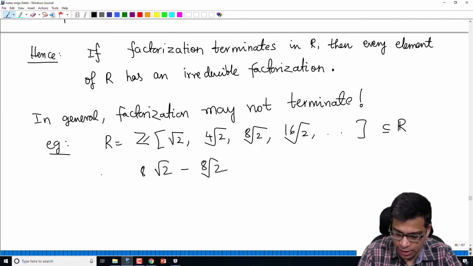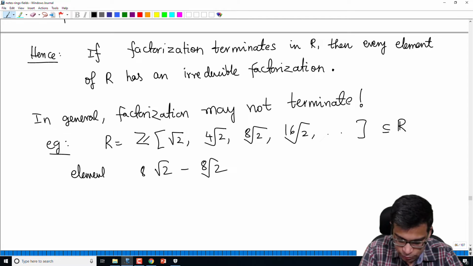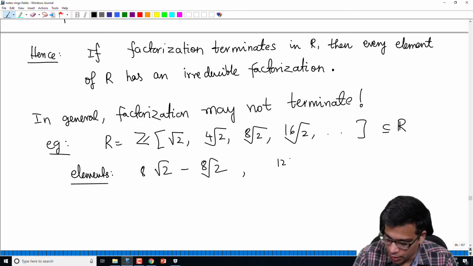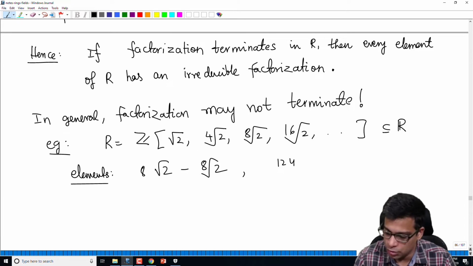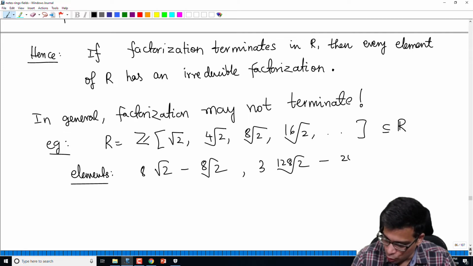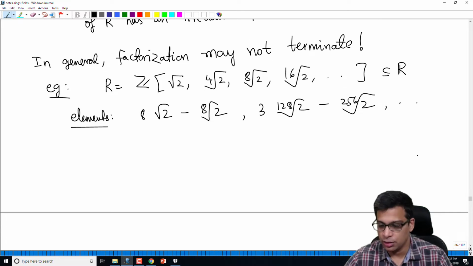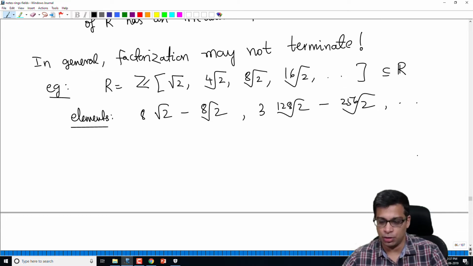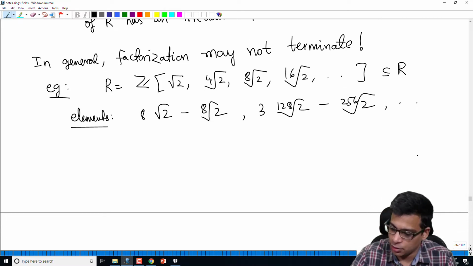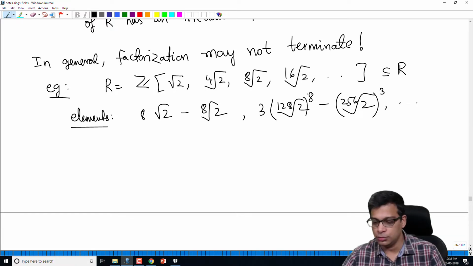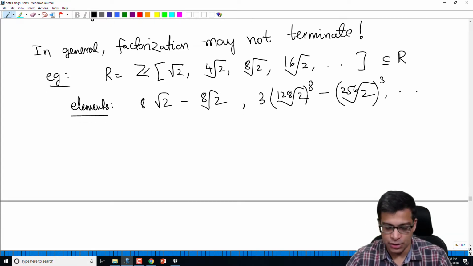For example, it can be some 128th root of 2, some 3 times this, minus 256th root of 2 and so on. So this is a ring. Any such combination you take, in fact I can take squares, any powers, and it will be an element of this ring.